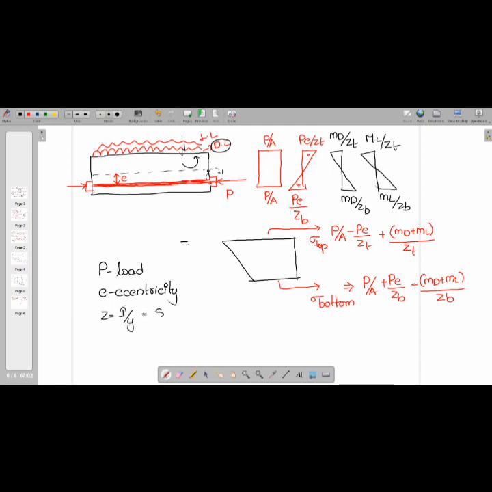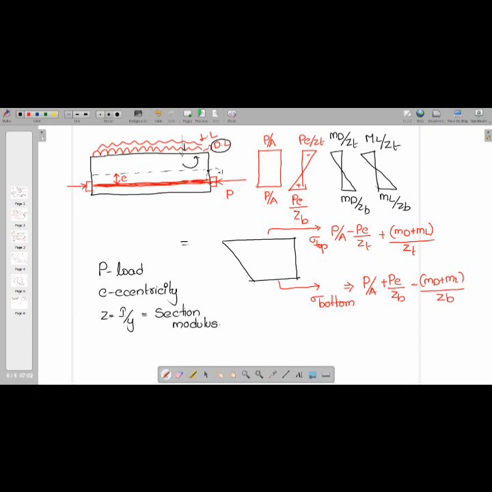So Z is equal to section modulus. Z is equal to I by Y, that is equal to section modulus.